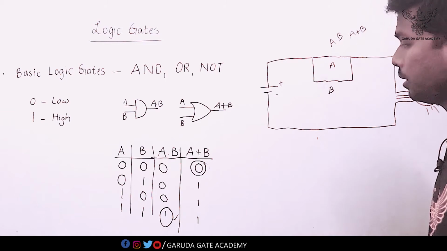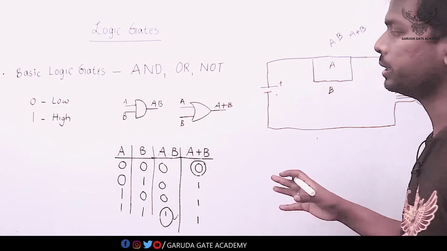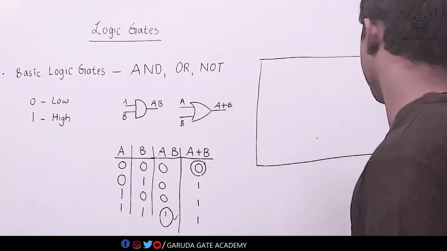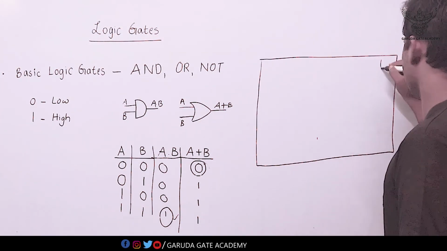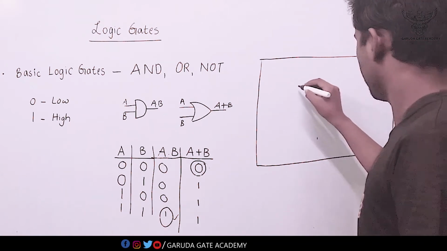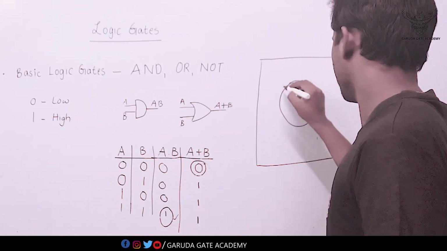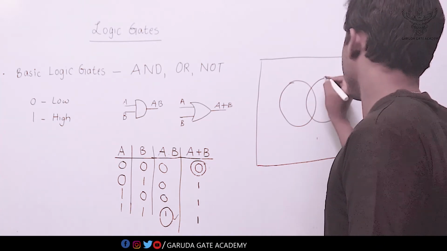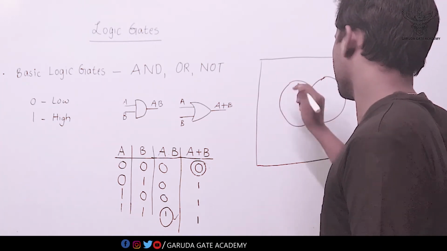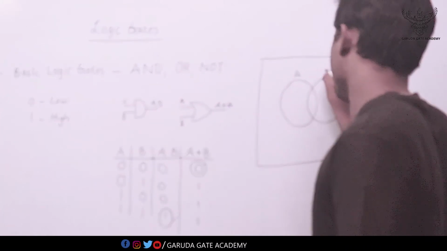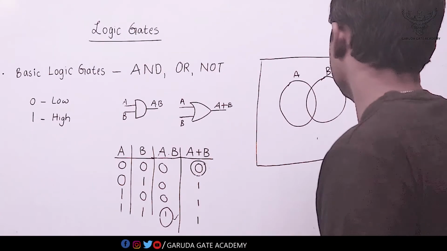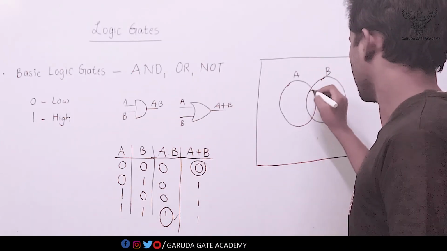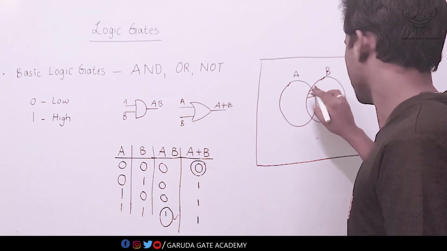Okay, let us represent this notation in Venn diagrams as well. I think you have an idea about sets. So there is a universal set, and in that set you have two sets, A and B. This is A and this is B. A and B can be represented as this.